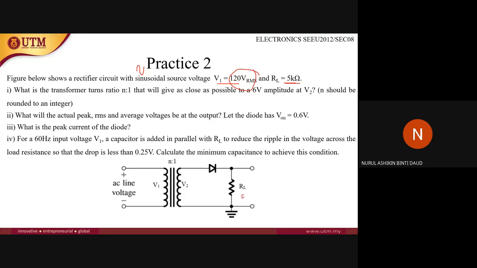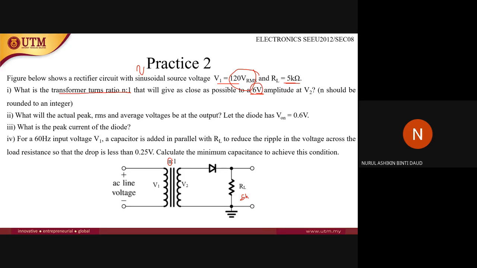So what is the transformer turns ratio, the value of this N, so that the voltage here will be 6 volts amplitude at V2? N should be rounded to an integer.